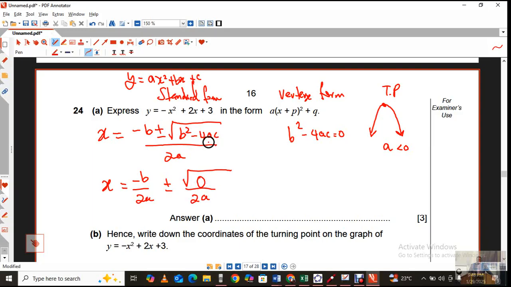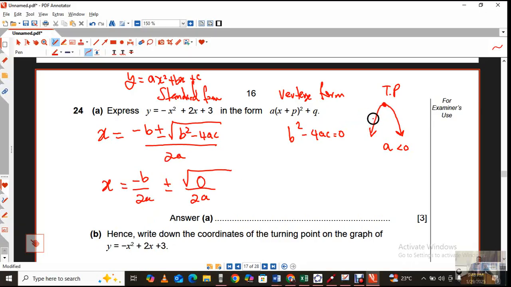And if you were to plug in that value there, it means that you will get only the x value of the turning point. If I just take this part here, you are going to get the x value of the turning point, which is that value over there.